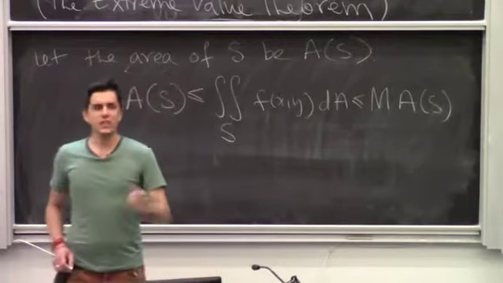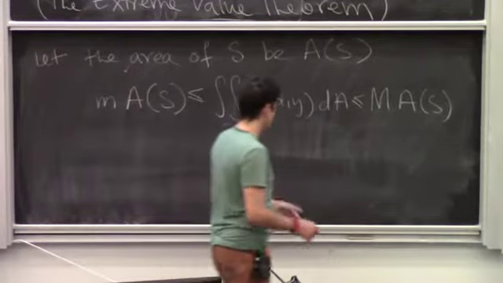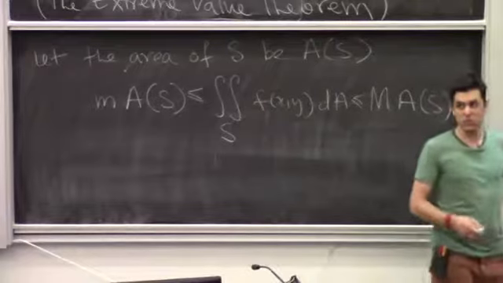Okay? I just want to state what this would look like in one variable, because in one variable the pictures are much easier to draw.